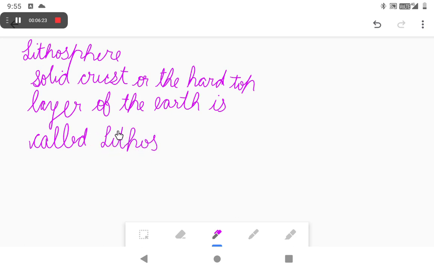Please note down in your copy what is lithosphere. The solid crust or the hard top layer of the earth is called lithosphere.